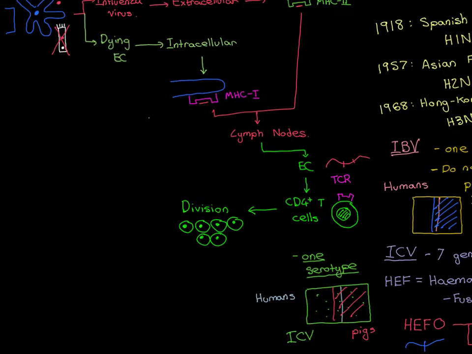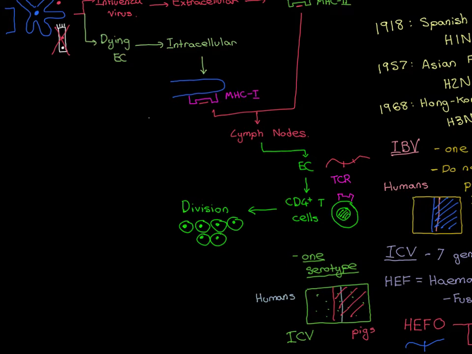Now, what's going to happen is a bunch of these peptide fragments are going to be successful, i.e. the antigen-presenting cells will find a T cell that is directed against one of the peptide fragments that it is presenting. So for a whole bunch of peptide fragments of the antigens of influenza virus, we are going to activate CD4 positive T cells that are directed against that peptide fragment.